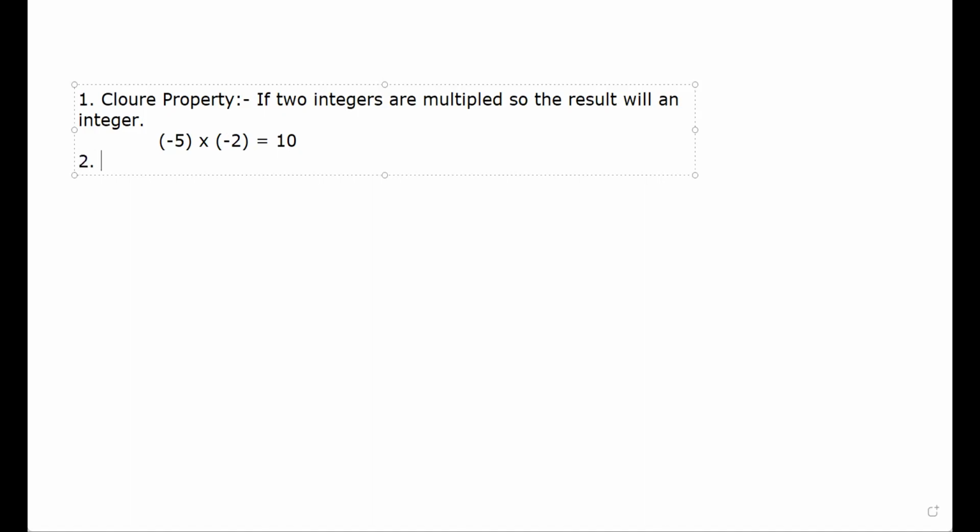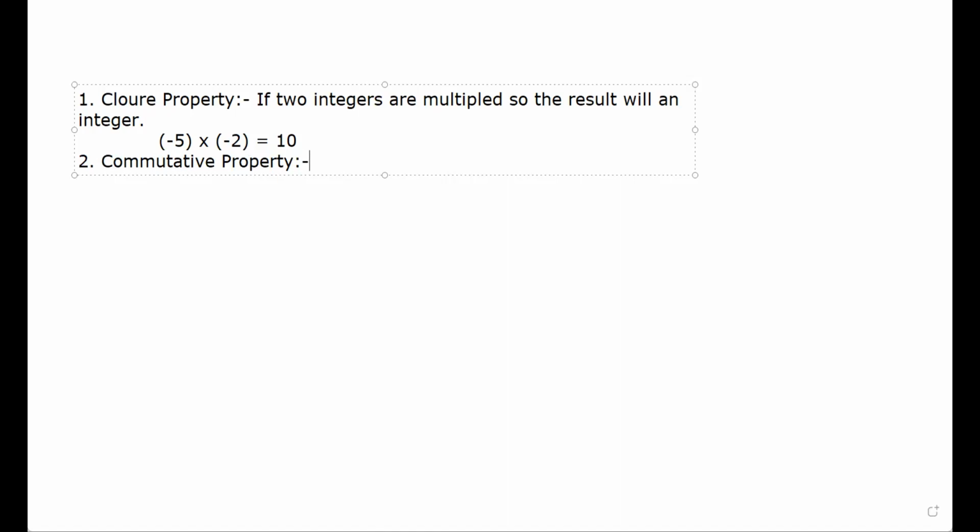Second is the commutative property. What does this property say, my dear students?